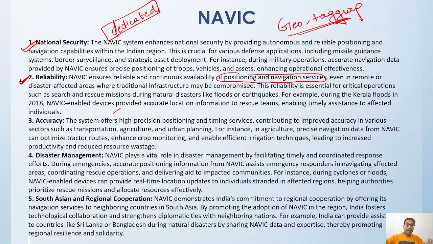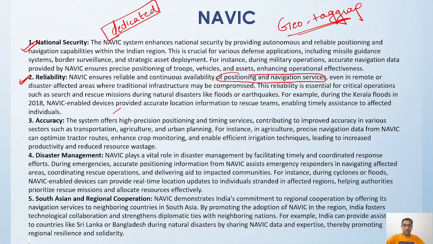Wherever you go, the remotest part of our country, whenever any disaster is happening, we will be having reliable and quality data. Like, you know, our country is disaster prone, like earthquake prone, cyclone prone, flood prone, right?